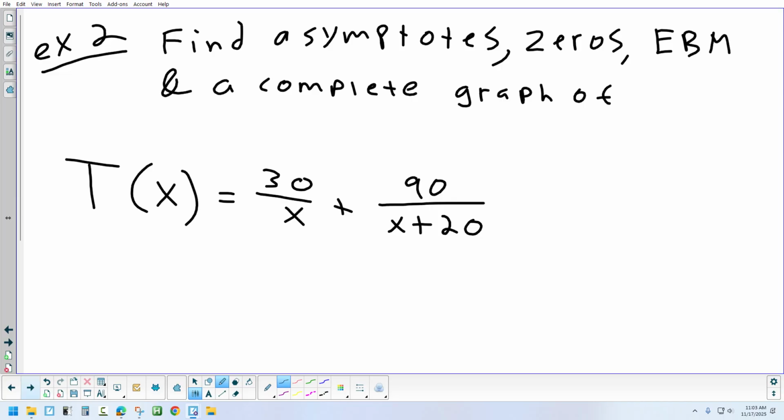All right, so they want us to find a few different things. Well, first thing we should do is take these two fractions and put them together. What do you need to make sure you have if you want to add two fractions together? Common denominator. Right, you need a common denominator. And if you've got something like that, you want to add those up.